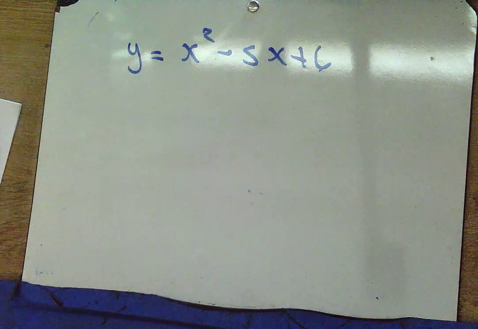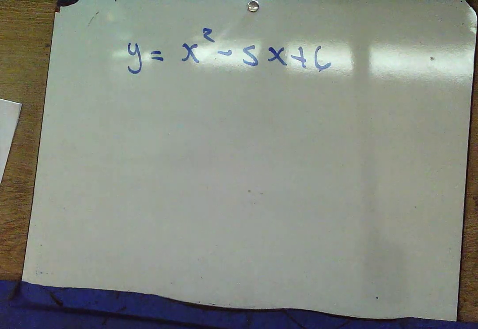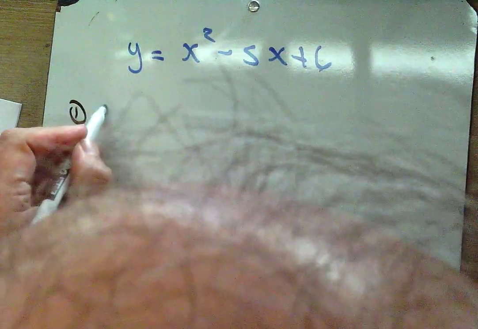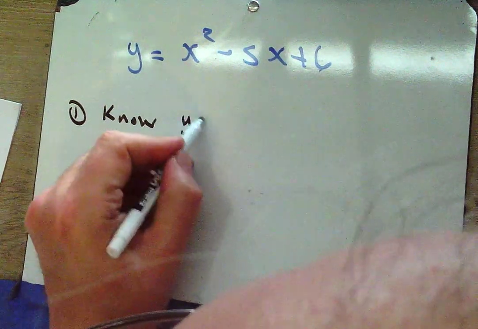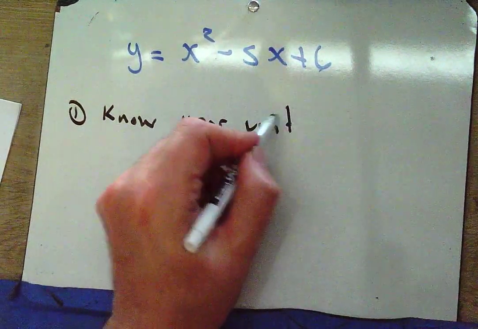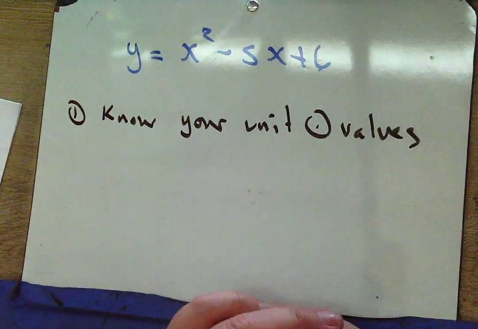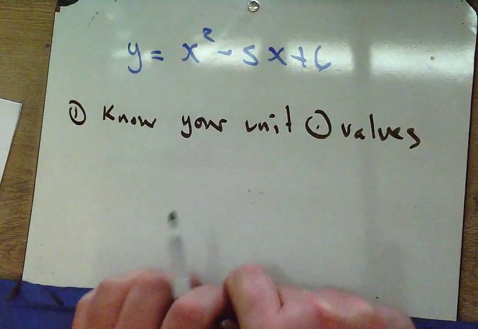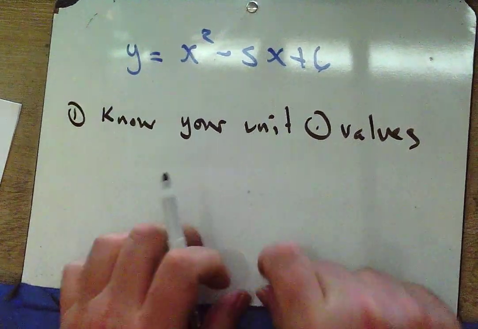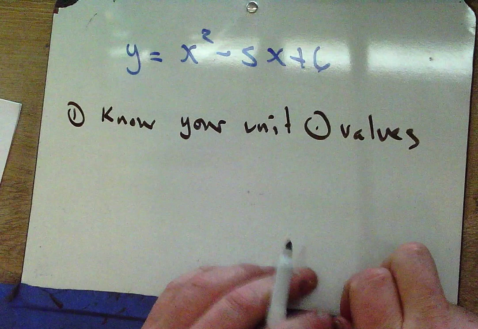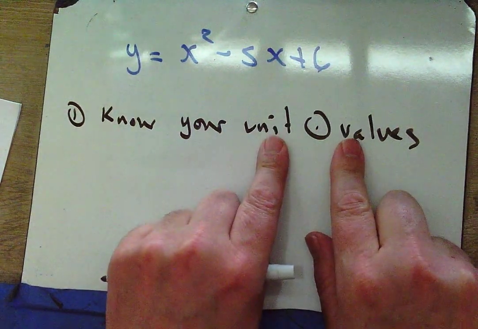I'll say that there's a lot of memorizing that goes to trig, and there are 3 magic secrets to trigonometry. 1, know your unit circle values. And I actually think that one of the reasons why I've tutored a lot of kids in trig from other schools is because their teachers don't make them memorize unit circle values.